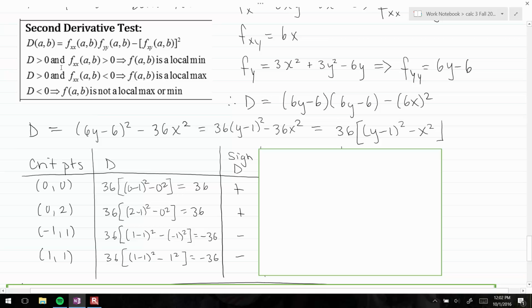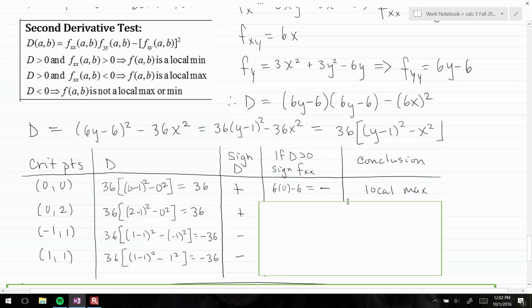So we got positive D's for the first two, which means we need to go a bit further with f, its double partial with respect to x, and check out its sign. So we already calculated that f double partial with respect to x, and so we just grab it and plug in the necessary critical point values there.